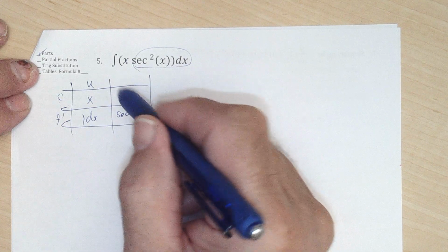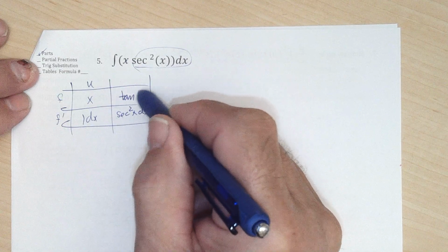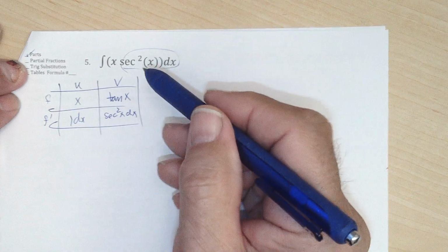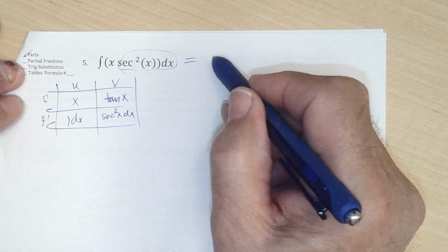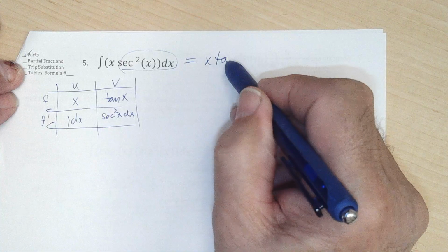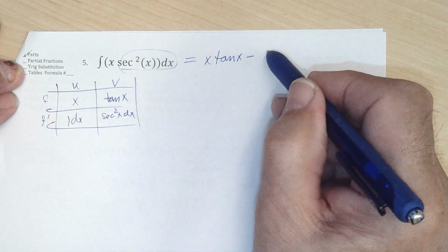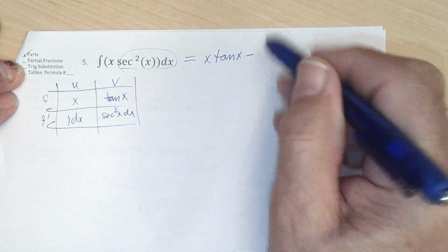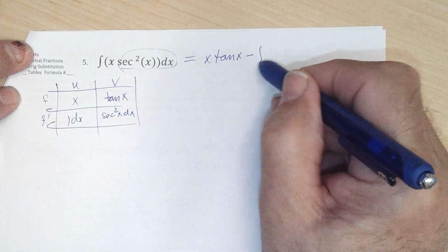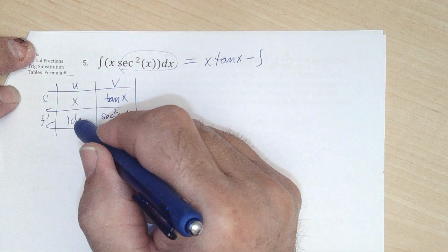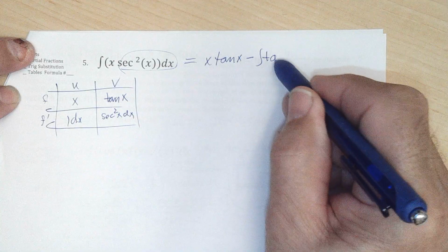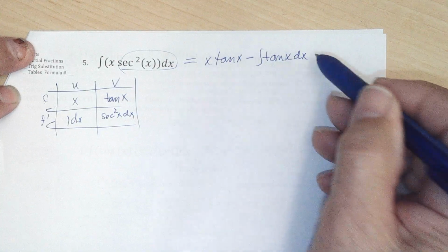The antiderivative of secant squared is tangent. And the formula is uv, so x tangent x minus the integral of v du, which is tangent x dx.